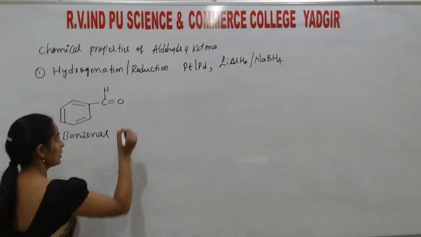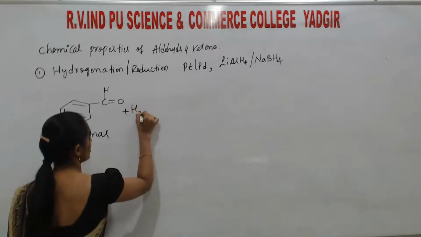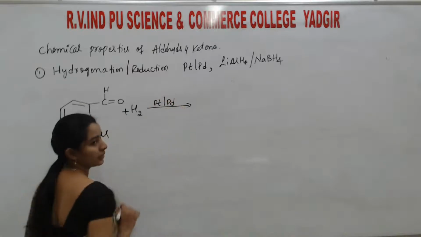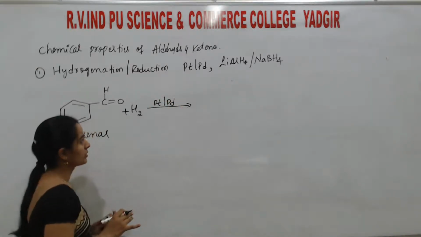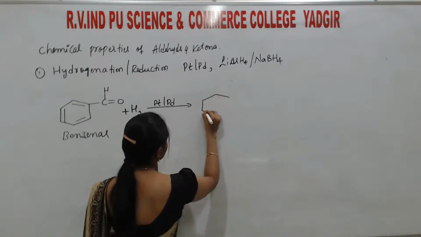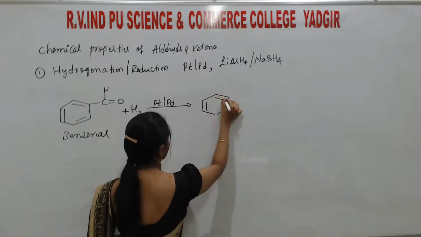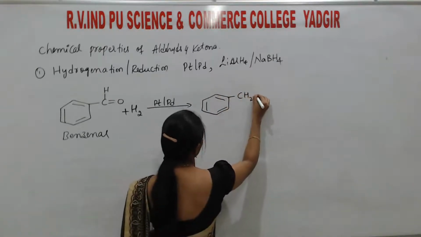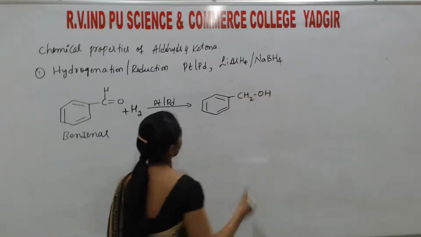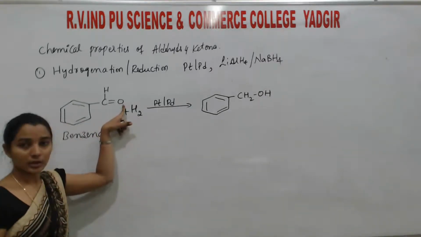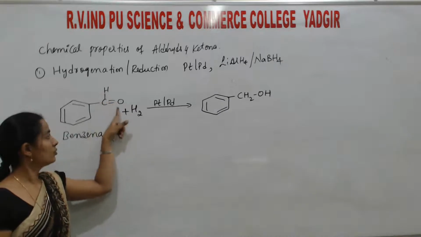Correct? So it undergoes hydrogenation in presence of platinum or palladium as a catalyst. Just go through this only. Next, they form CH2OH, because the double bond is present here, one H is attached here, another H is attached there.